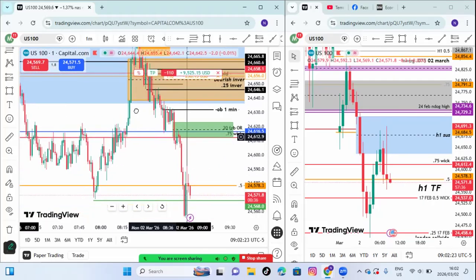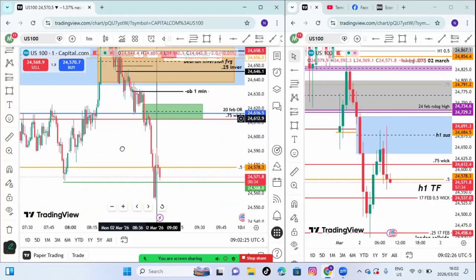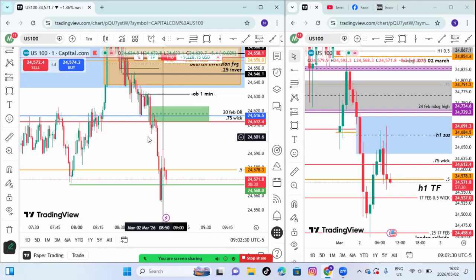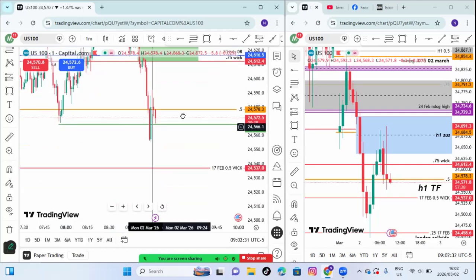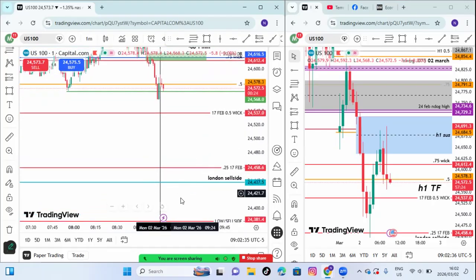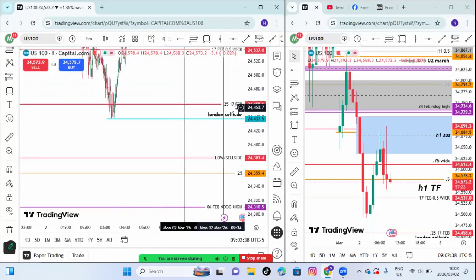Just a bearish thing. And then London sell side there. And let's lose.